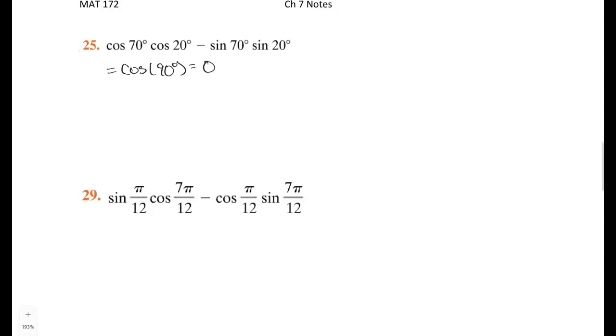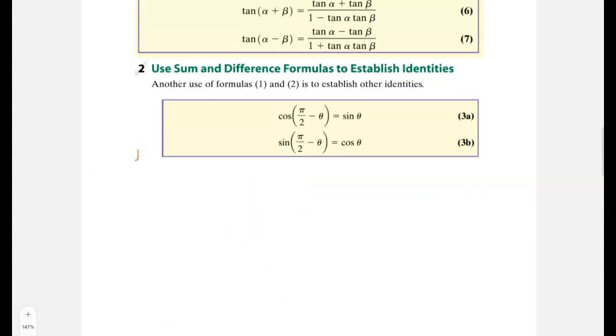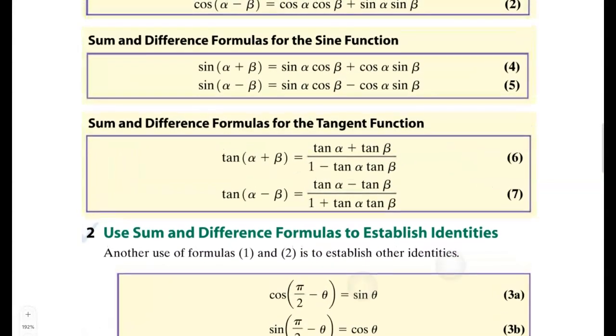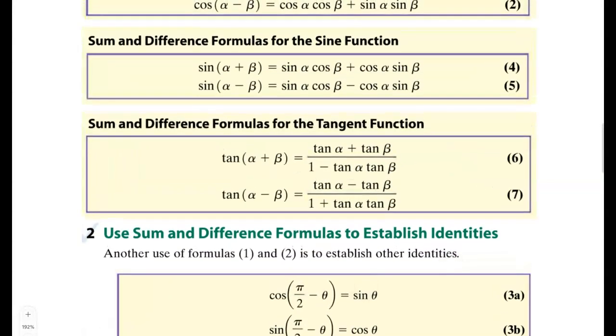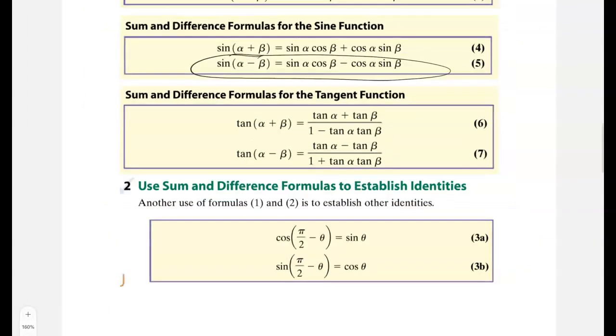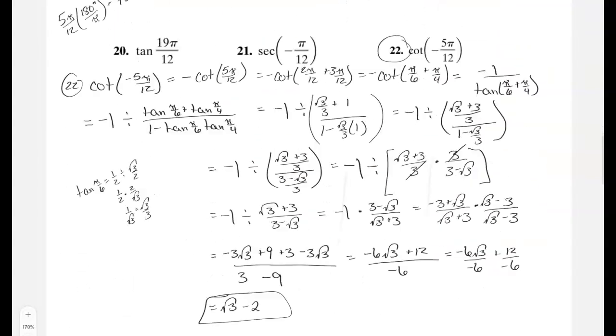So we've got sine of pi over 12, cosine 7 pi over 12, minus cosine of pi over 12, sine 7 pi over 12. So we're going back. So we've got sine, cosine, minus cosine, sine. You see how it's matching with this? So we're looking at sine of alpha minus beta.